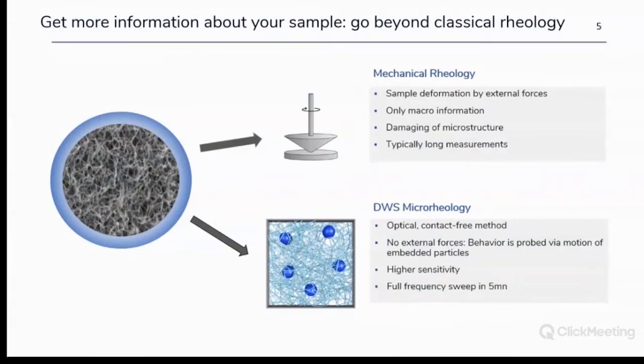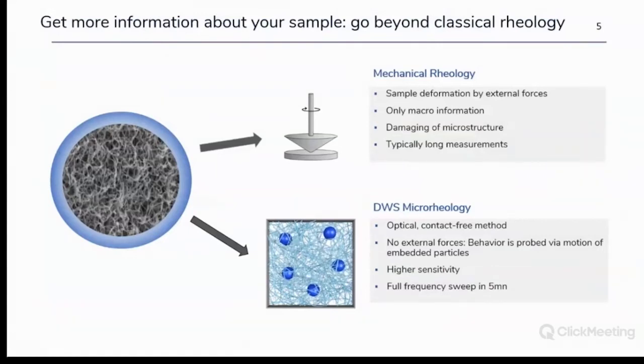Instead, DWS microrheology is an optical method. It's completely contact-free. The measurements are run within a sample that is sealed. No external forces are applied, because it's the particles present that scatter light, and by means of their motion they probe the microstructure.